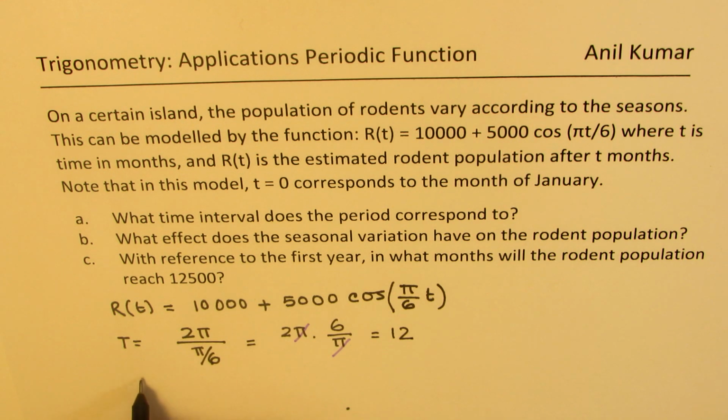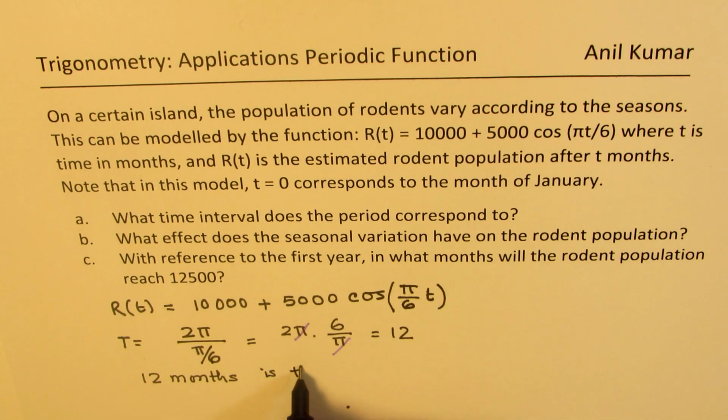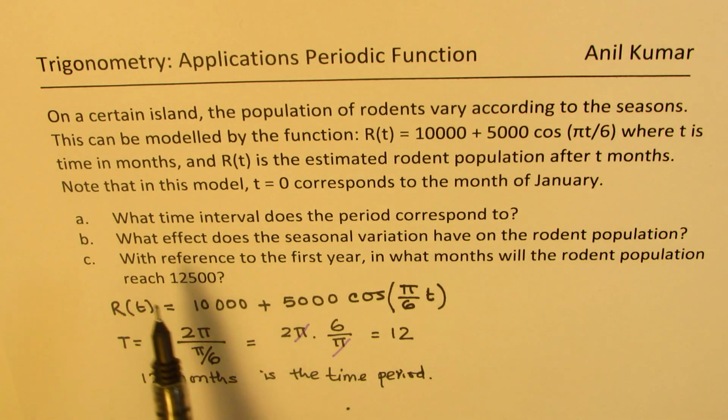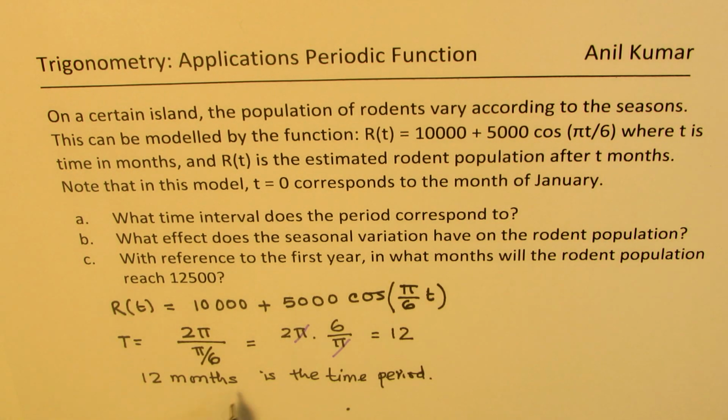So here it means 12 months is the time period. That means one full year, right? So what interval does the time period correspond to? It corresponds to 12 months. So that is part A for us.